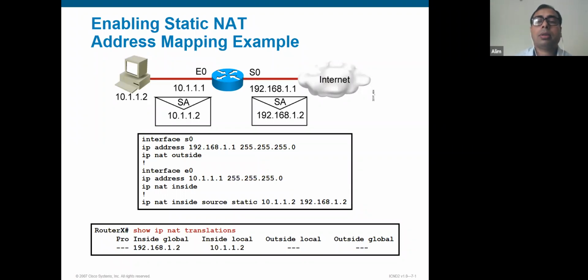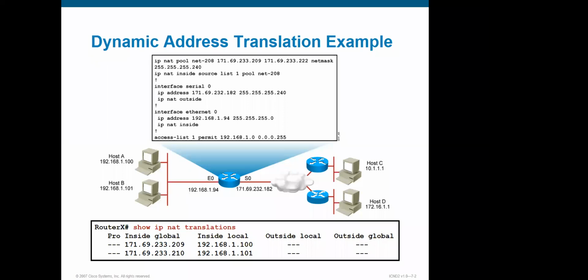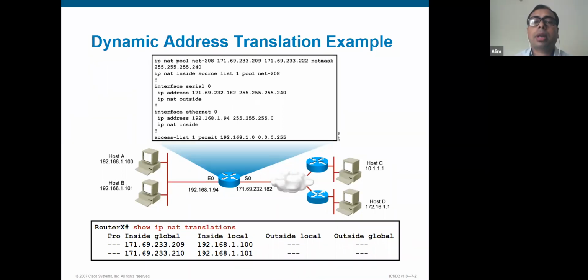So the number of public IP address records is equal to the number of hosts or servers you use. Do you have any questions regarding static NAT? Okay, maybe. But we also have dynamic network address translation.